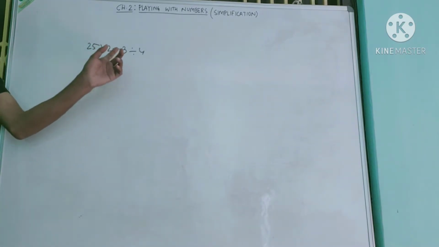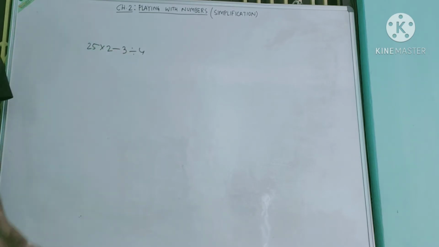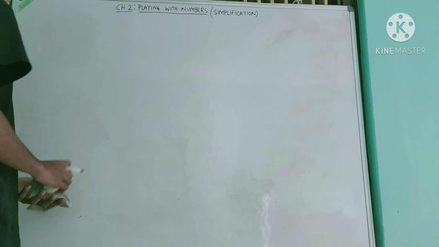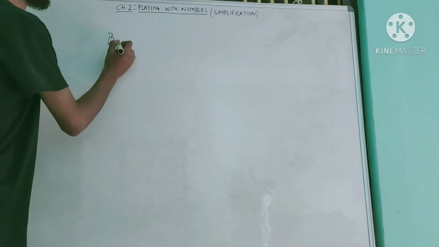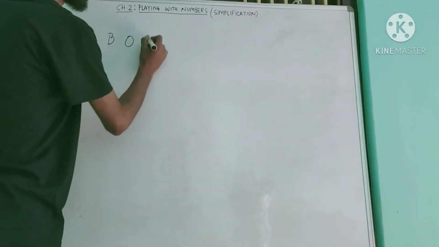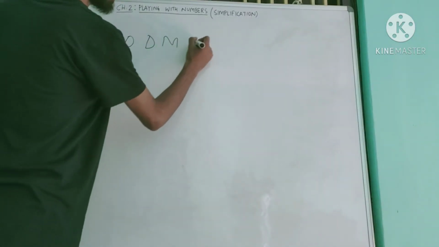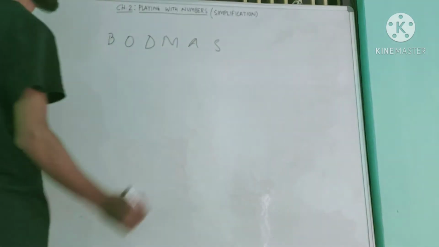These minus, divide, multiply are all called operations. So, how to do these operations? For this, we have to know about the rule which is called BODMAS.